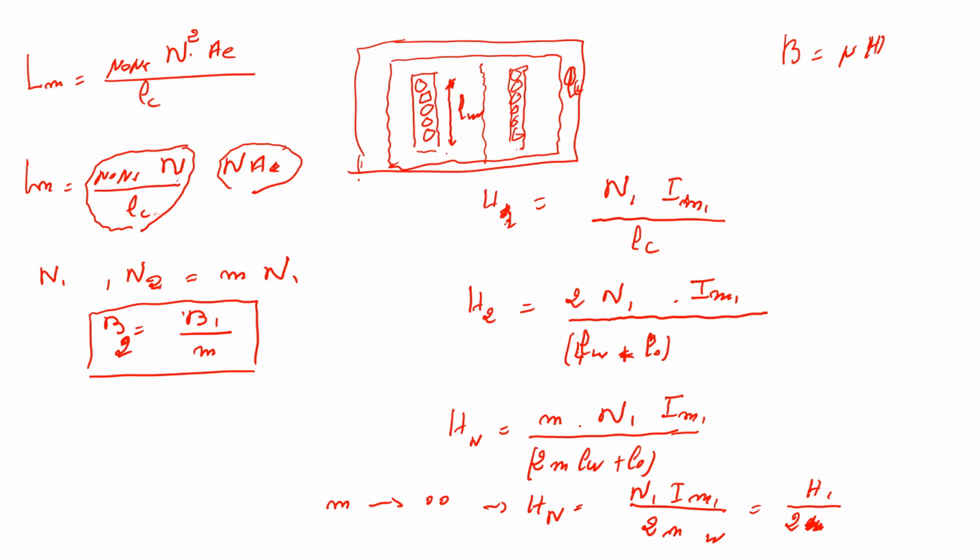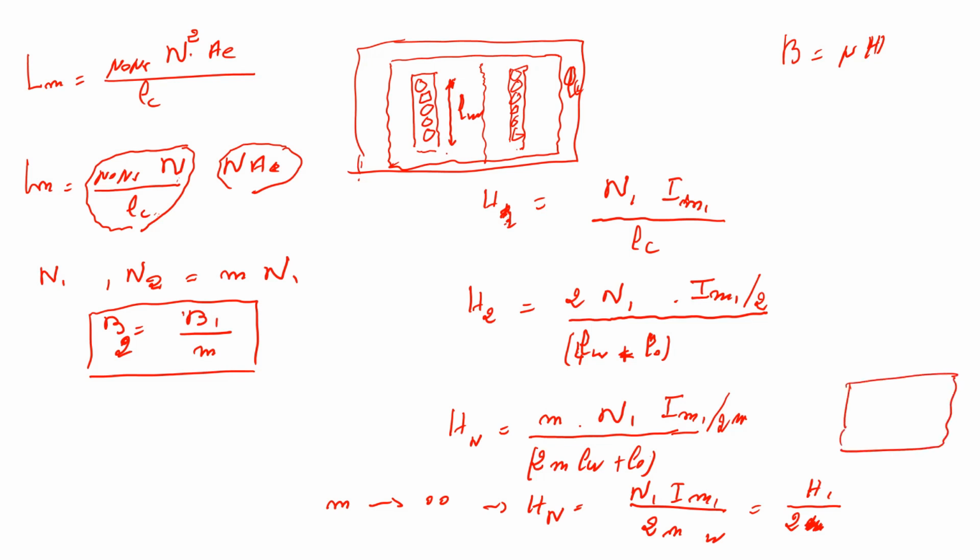So how can we correct this? Here it will be divided by 2, and here you will also converge to divided by 2m, and you will converge to the correct solution. It will be Hn equal to H1 over m.